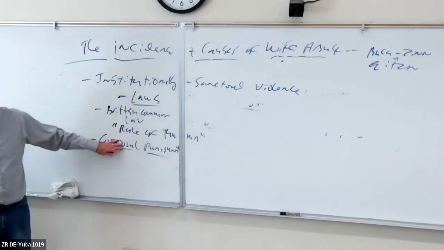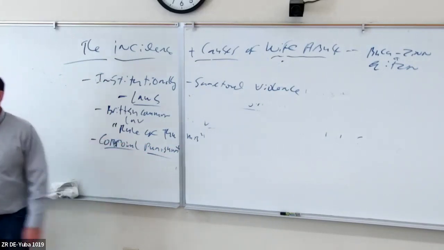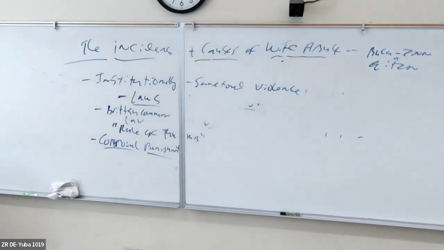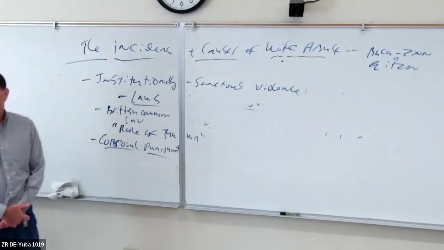Corporal means body. Can you use the person's body as the site of punishment? Can you whip them, for example? Can you hit them? Can you hurt their body? And in British common law, you could use corporal punishment on your livestock, for example.